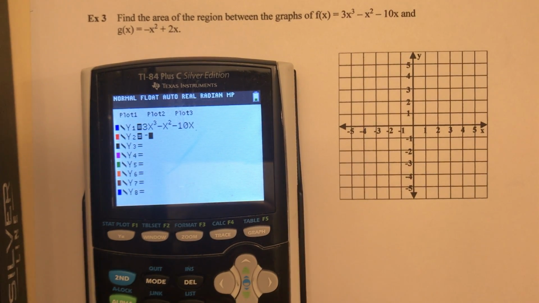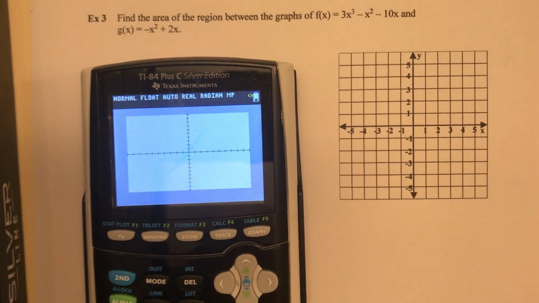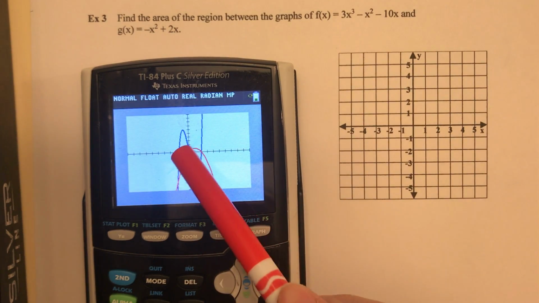And I've got negative x squared plus 2x. There we go. Okay, so it looks like I've got 3 points where these graphs cross.